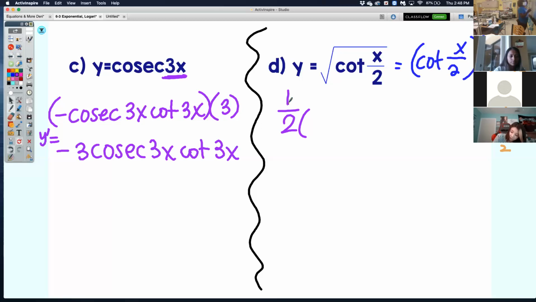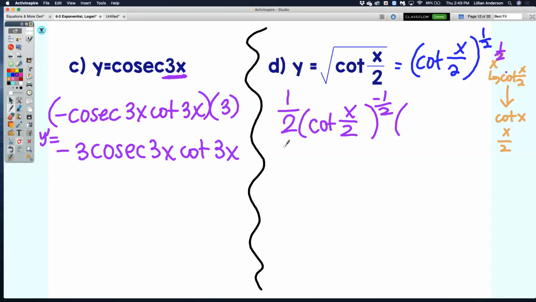But I cannot have an x. I write what? I write the inside function, cotangent x over 2. Then I multiply this by the derivative of the inside, which is cotangent x over 2. The cotangent x over 2 is another chain rule. So I take the derivative of the outside, which is now cotangent x.